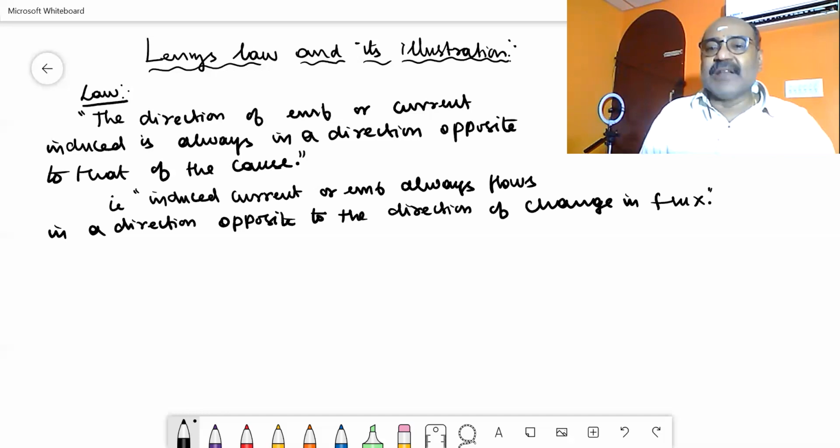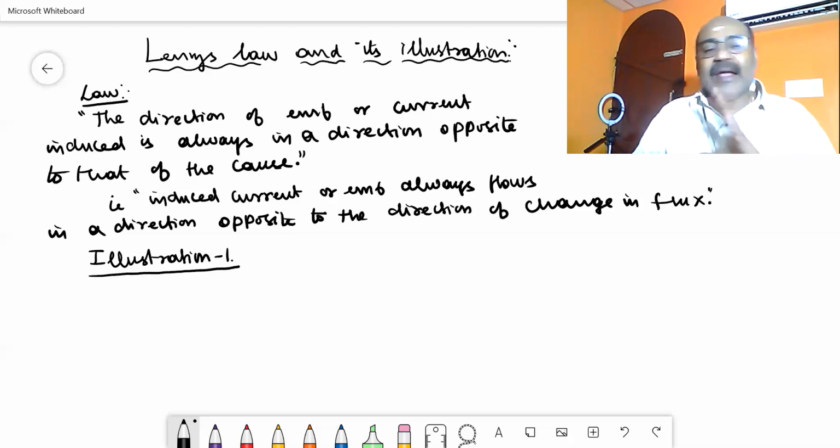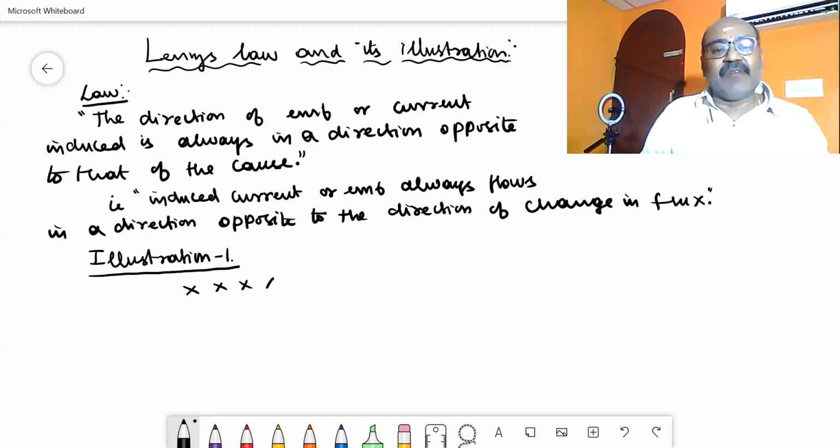So there are two illustrations given in your book, and let us consider the first illustration. In illustration 1, I am taking a uniform magnetic field. I am representing the uniform magnetic field by crosses.